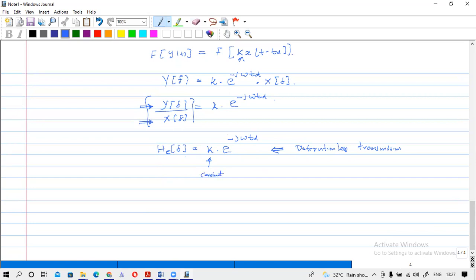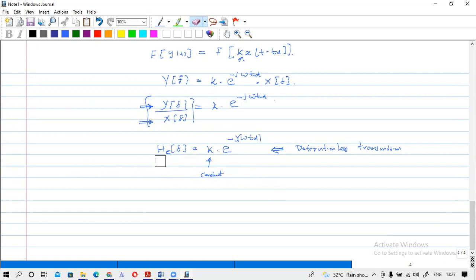And this is the phase of the transfer function. So this is for the distortionless transfer function.